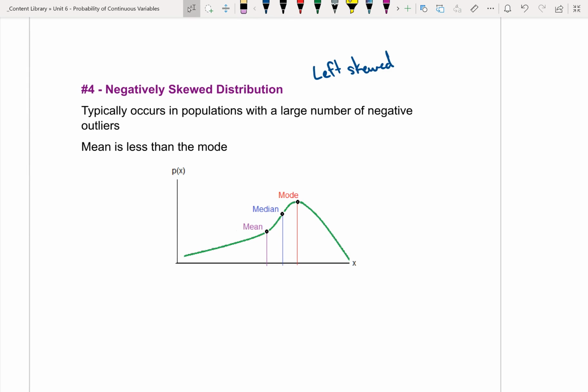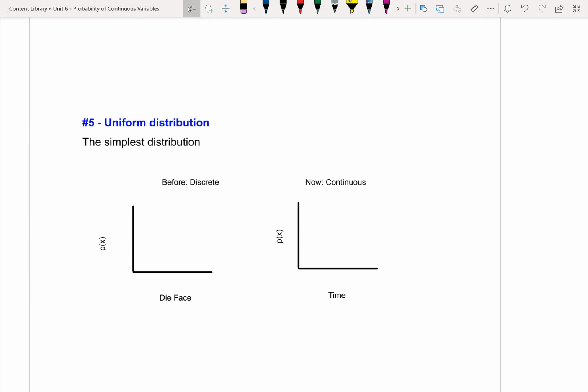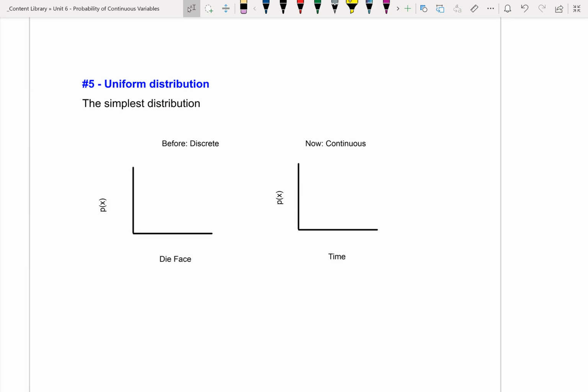And lastly, our last distribution, or the simplest one, is called uniform distribution. So we've seen uniform done before in uniform probability, and when we were looking at discrete data, we would see something similar to this if we were to draw our probability distributions. So there was 1, 2, 3, 4, 5, 6.